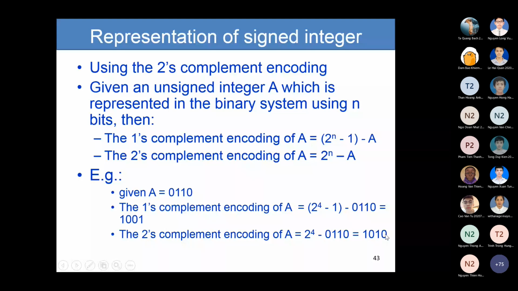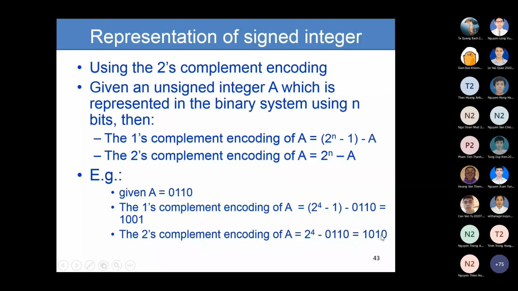So given A equals 6, the representation of A is 0, 1, 1, 0. And we find the one's complement encoding of A, that is the not of A, which equals 1, 0, 0, 1. And then you can find the two's complement encoding, which equals the one's complement plus 1, so 1, 0, 1, 0.